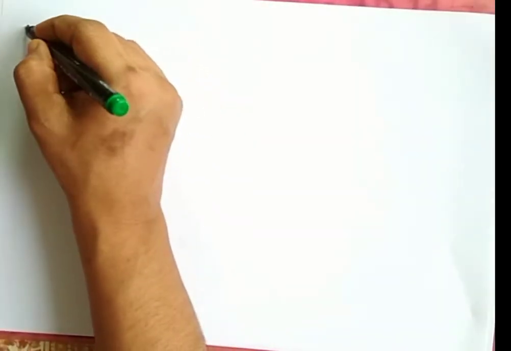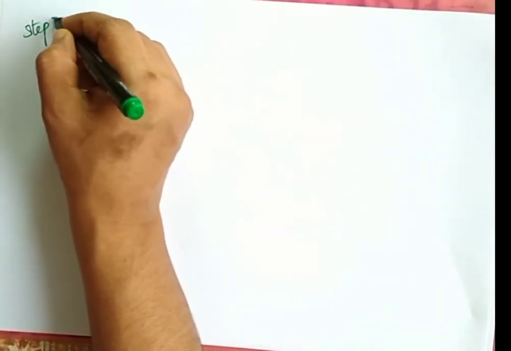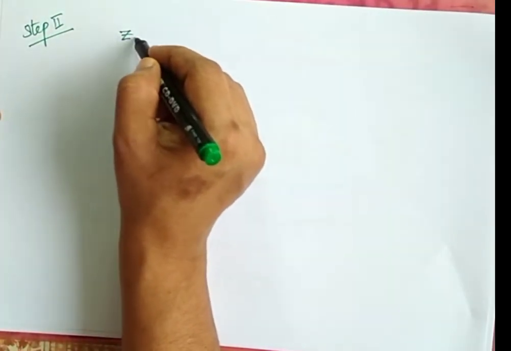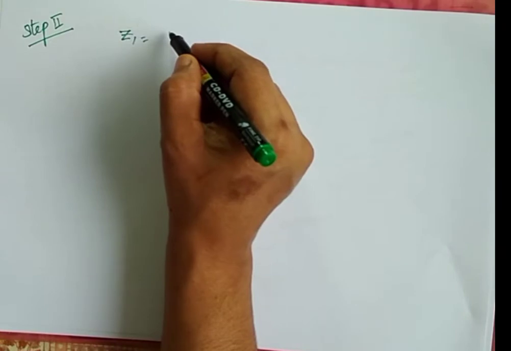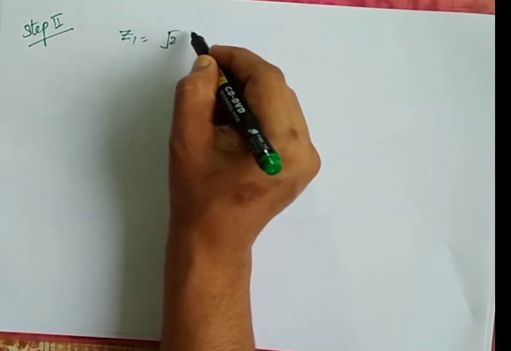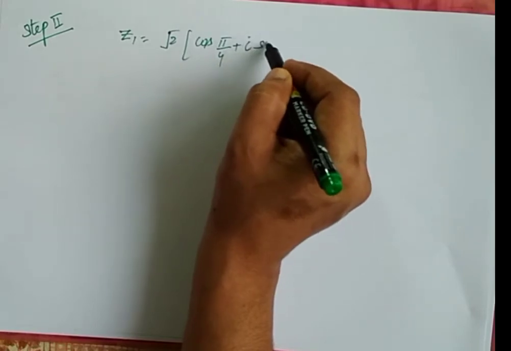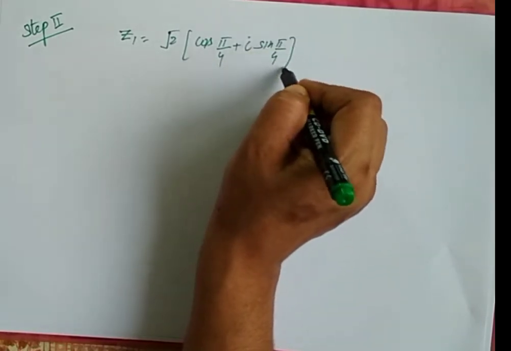Next, we will go for the second step, step 2. Now we will raise power. Our number is z1 equals to root 2 cos of pi by 4 plus i sin of pi by 4.